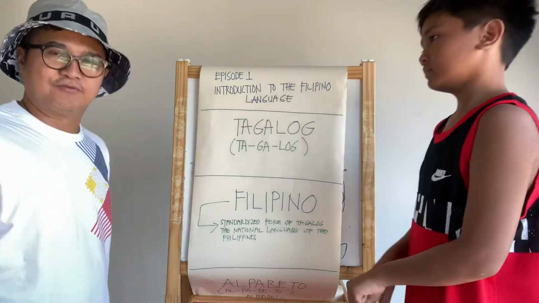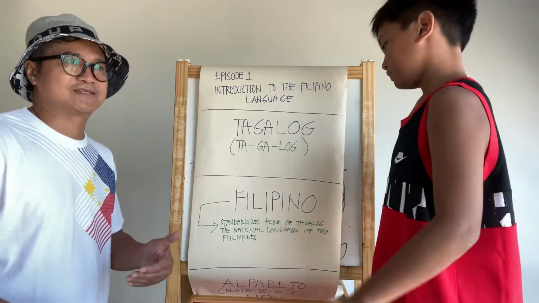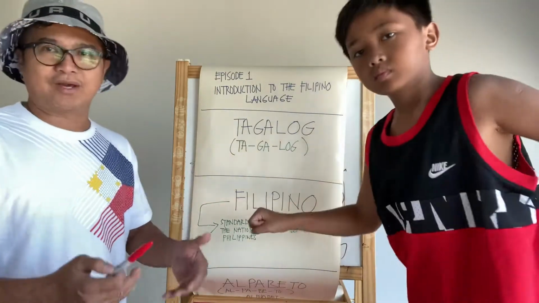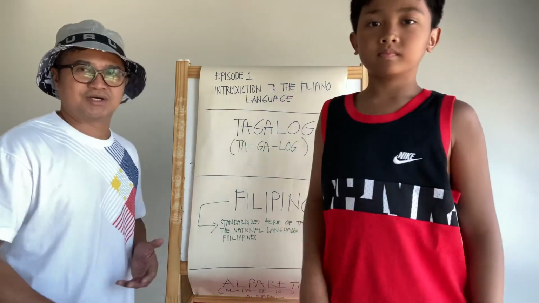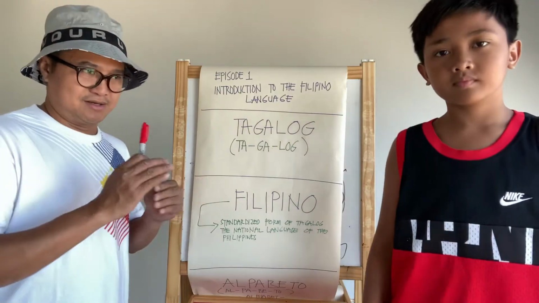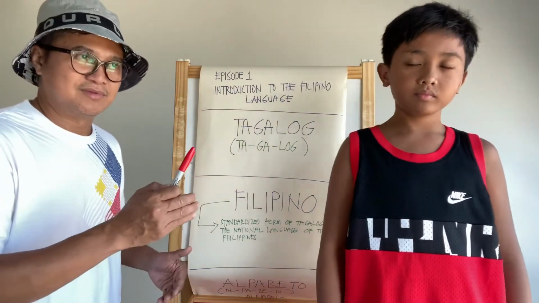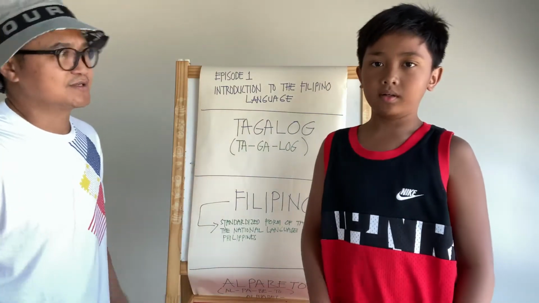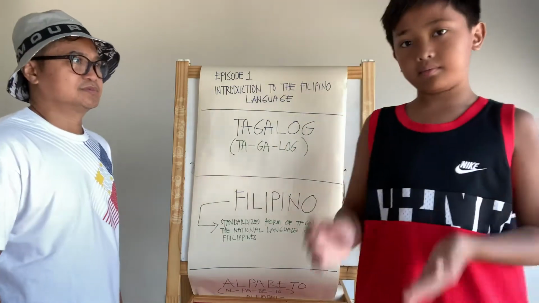So let's start with Filipino or Tagalog first. And then as we go along, like I said, we will have some Bahasa Malaysia words and reading, and the differences of the words.